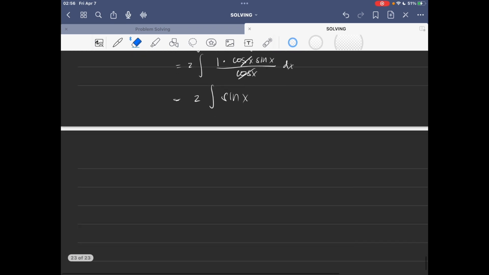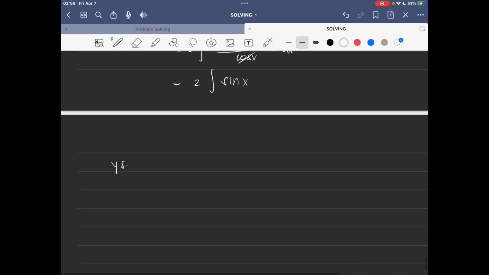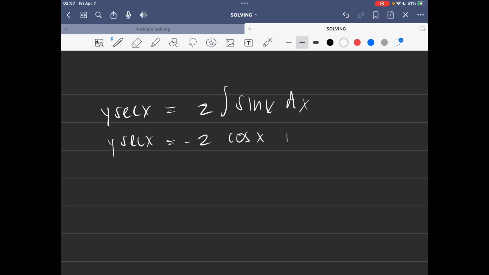We'll have y sec x is equal to 2 integral of sine x dx. The integral of sine is negative cos, so we'll have y sec x is equal to negative 2 cos x plus c.